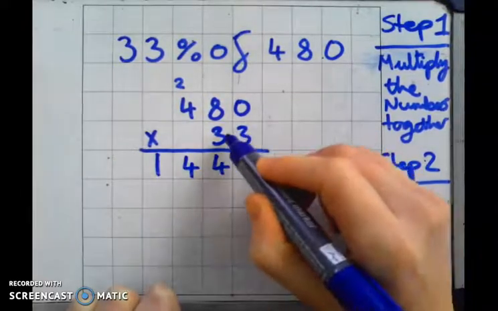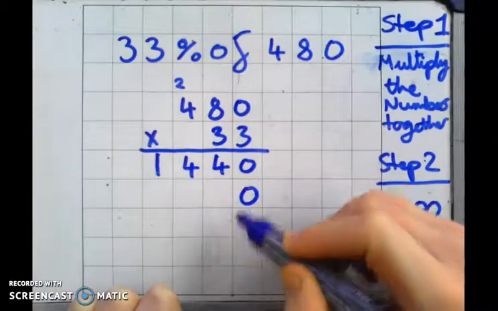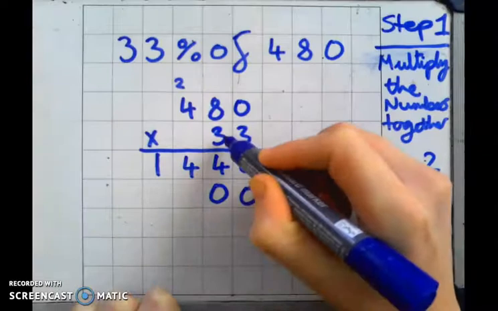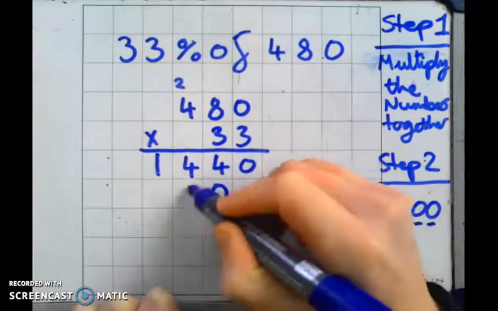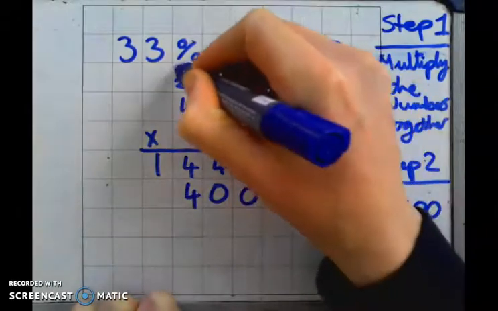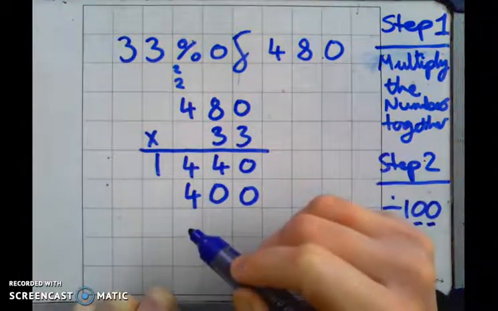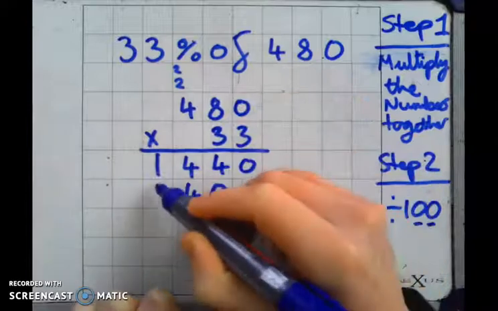Moving on to our tens column, so put the place value holder in first. 3 times 0 is 0. 3 times 8 is 24. Put the 2 up there to add on later on. 3 times 4 is 12, plus the 2, 14.